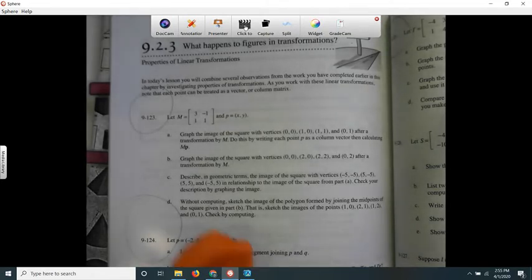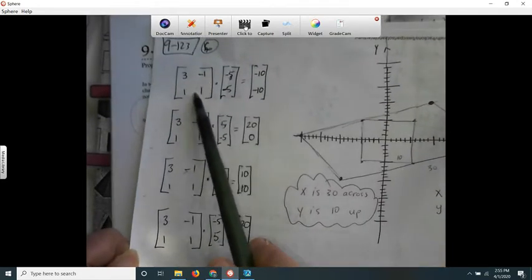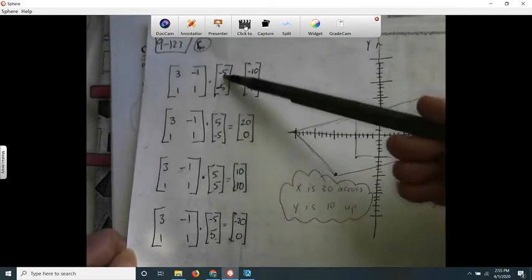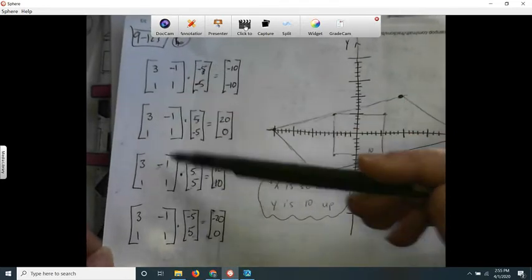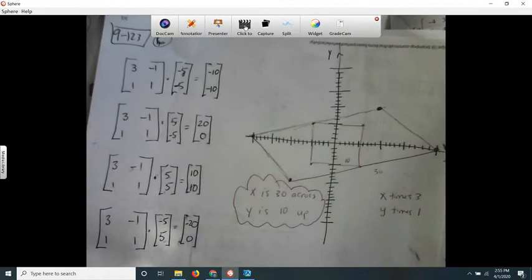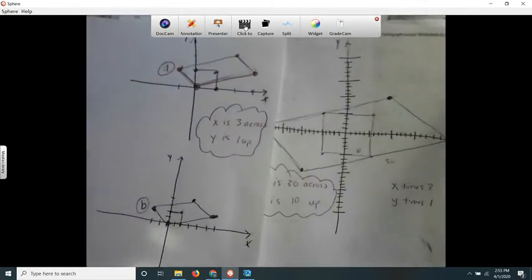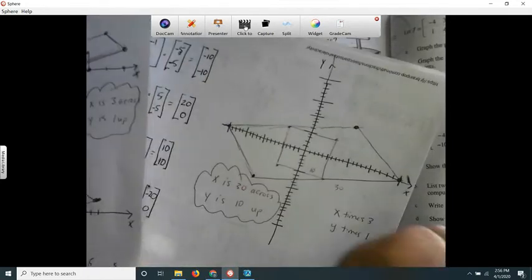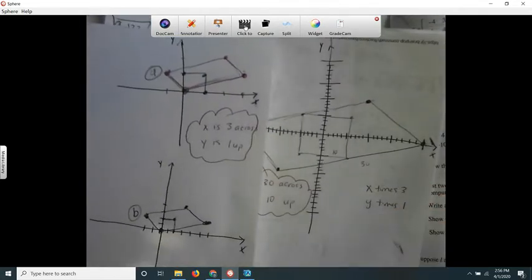Yes, I actually did it. There's my transformation matrix. It's the same one we've been using the whole time, but I used the new ordered pairs they gave me, and I just multiplied, and I got my answers here, and then I got another parallelogram. I keep getting a parallelogram. There's A, there's B, this one was for C. I keep starting out with squares and getting parallelograms. You're supposed to notice that.